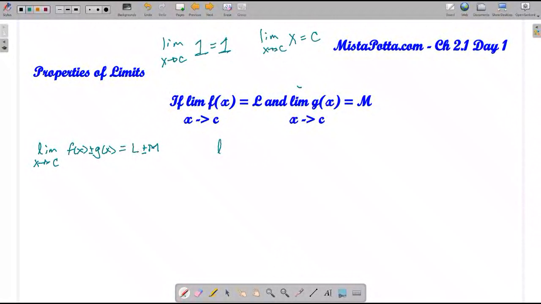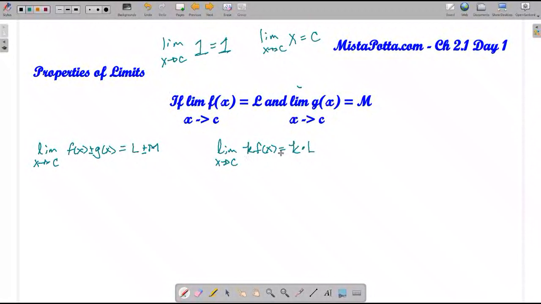So the idea here is that if I have the limit as x approaches c of some number times f of x, I should get that same number times L, whether that number is 2 or 10 or 1/2. Multiplying by a scalar factor, my function ends up multiplying my limit.